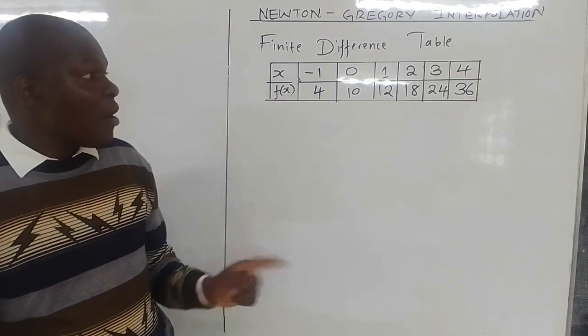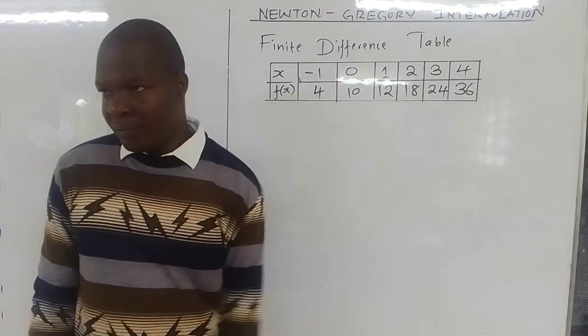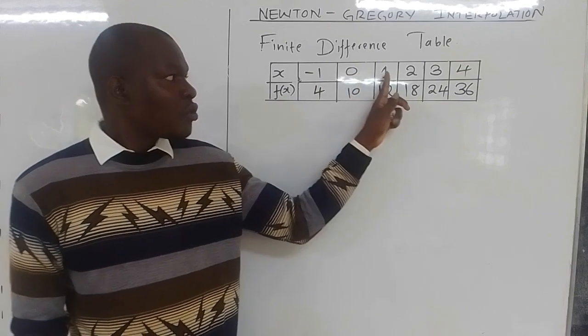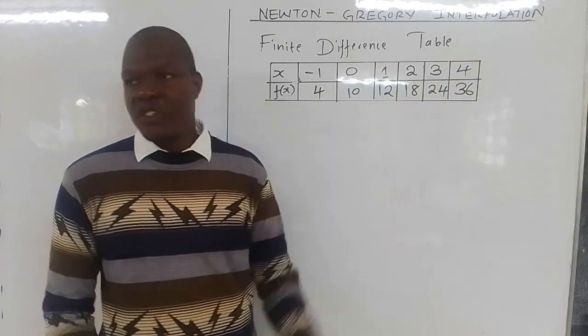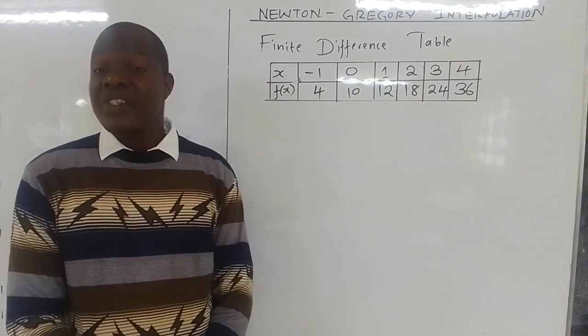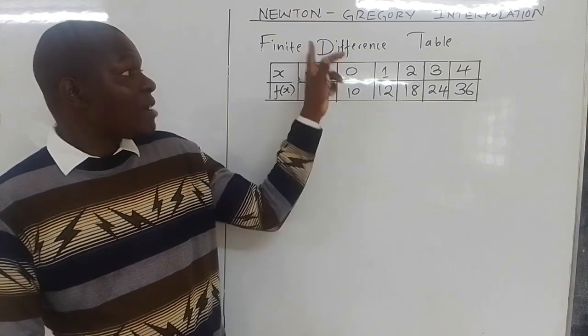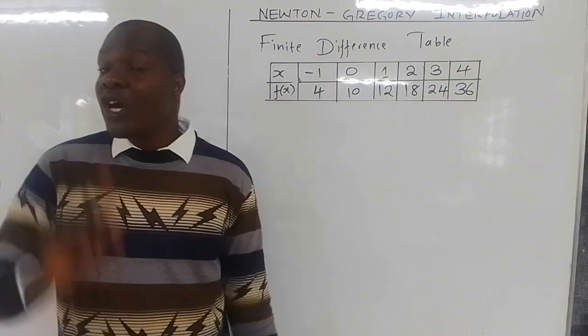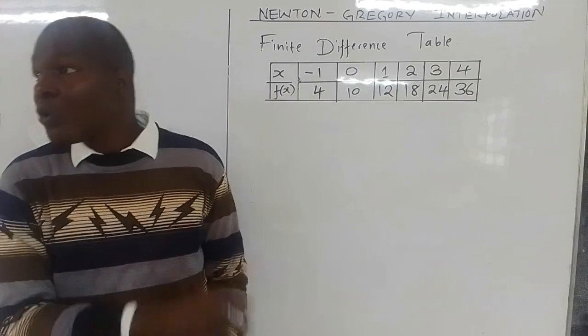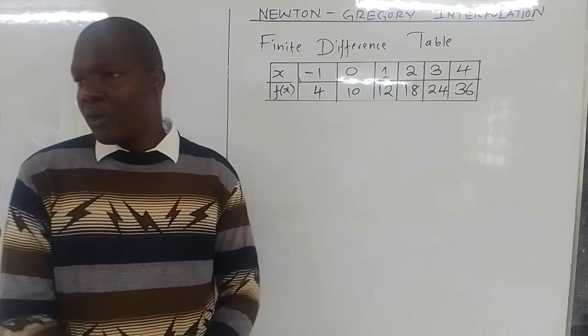You count how many values we have here: 1, 2, 3, 4, 5, 6. We have 6 values. So for you to construct a finite difference table with 6 values, you multiply that 6 by 2, meaning you must have 12 rows.